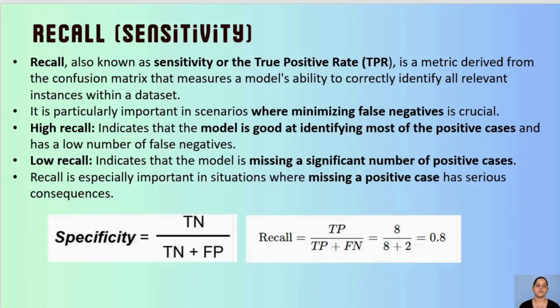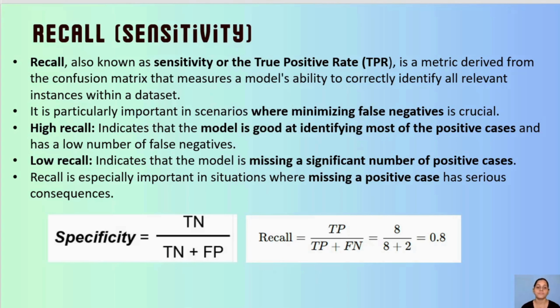Then we will understand recall. Recall is also called sensitivity or the true positive rate, and it is a part of the confusion matrix. It measures the model's ability to correctly identify all the instances within the data set.